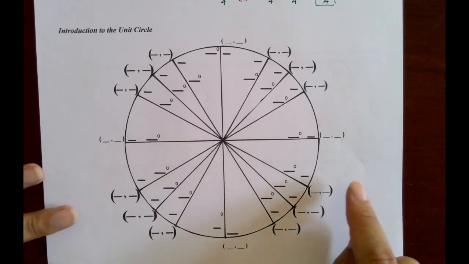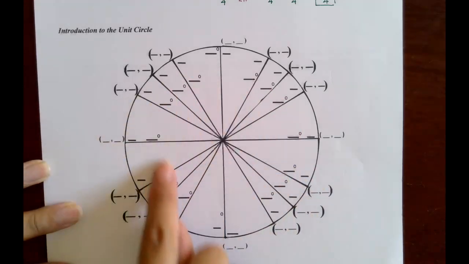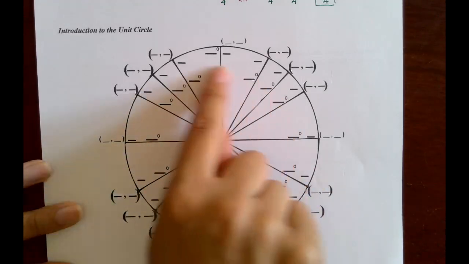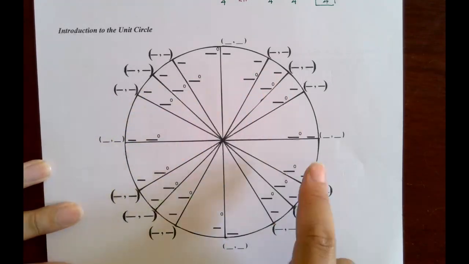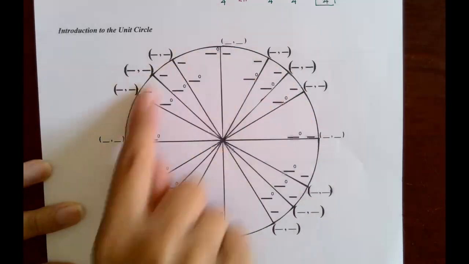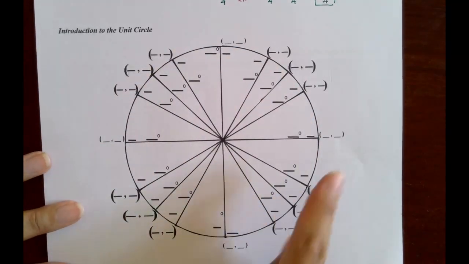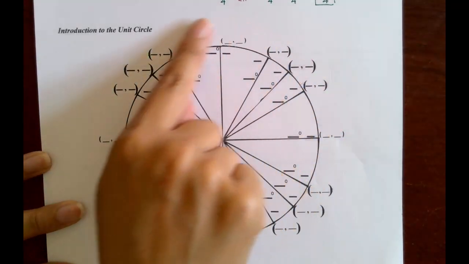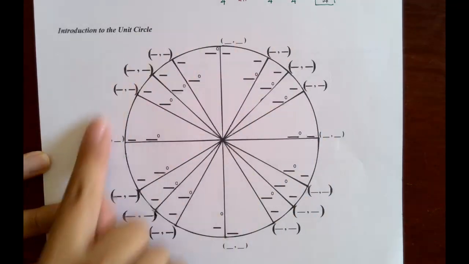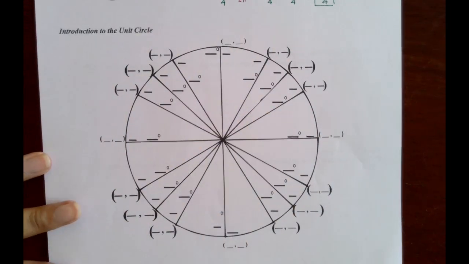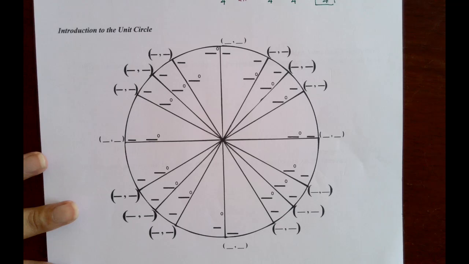Here, I'm going to start by filling out the degrees first, and then I'll fill out the radian equivalent, and then I'll start filling out what we call the ordered pairs for them. You'll see how they relate in a bit.